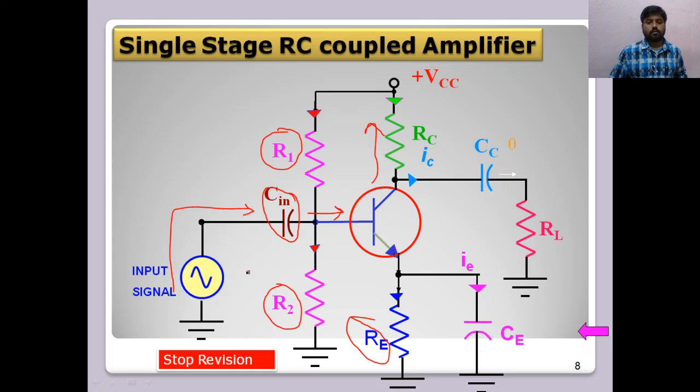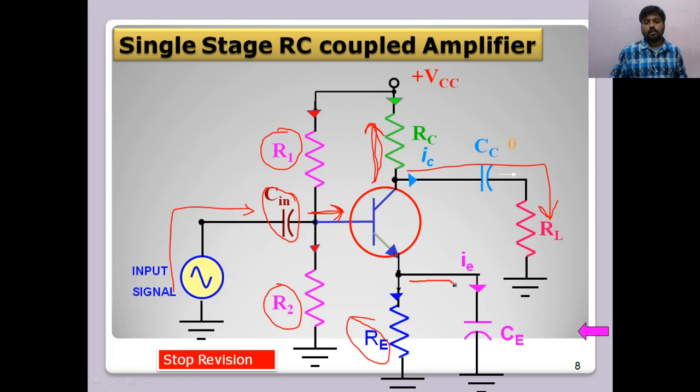That means whatever input you apply at the base of this transistor, there is a voltage developed across the RC, and this voltage across the RC is now the output, which is given to the RL through CC, that is a coupling capacitor. The purpose of Cin and CC, we know, is to isolate the DC condition of the amplifier and to allow only AC.